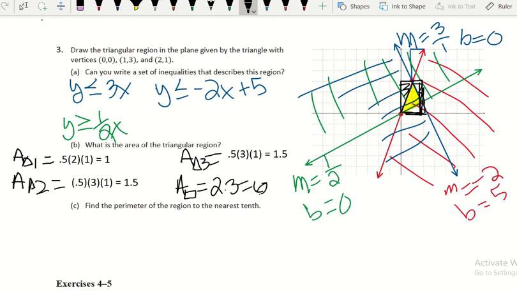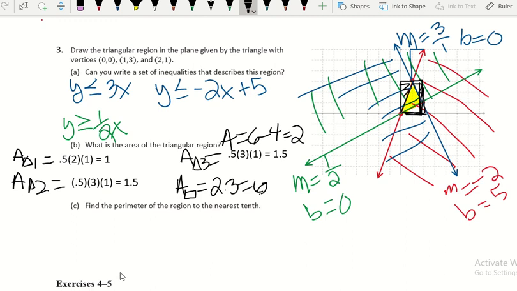And then we're just going to subtract. So we add 1, 1.5, and 1.5, that's 4. And then we can subtract that away from 6. So the total area is equal to 6 minus 4, which is 2.